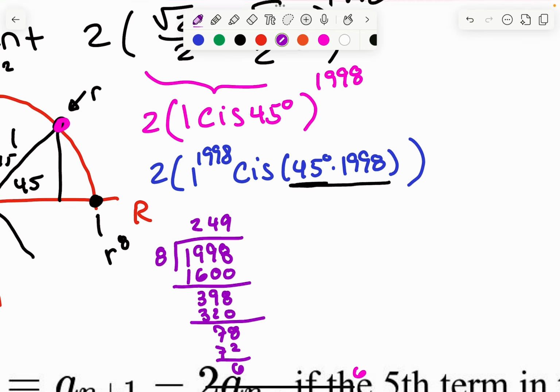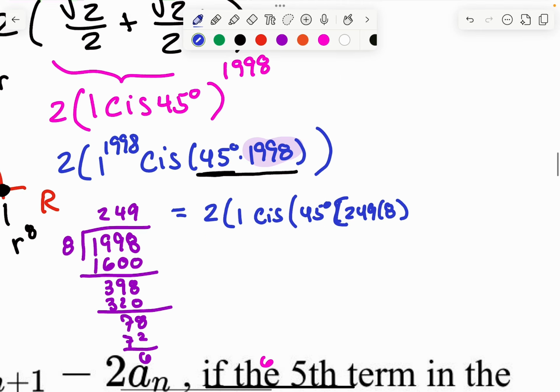So it turns out that I can rewrite that as 249 times 8 plus a remainder of 6. So now this becomes 1 CIS 45 degrees times 249 times 8 plus 6.